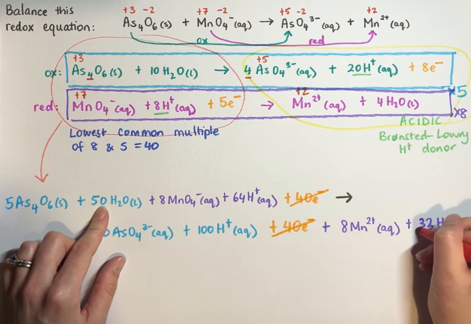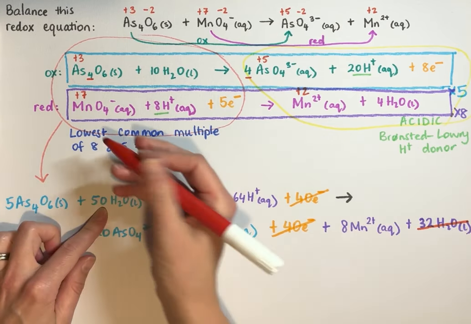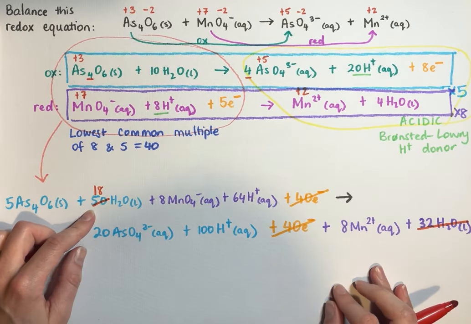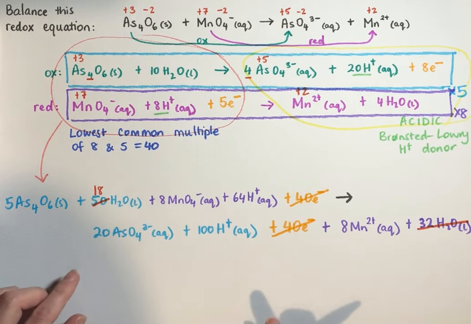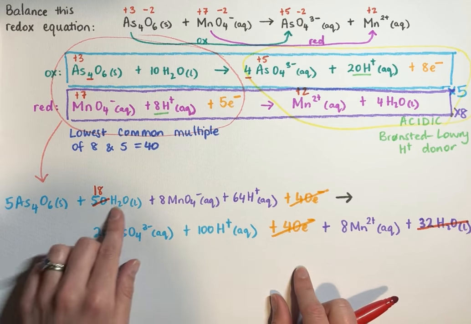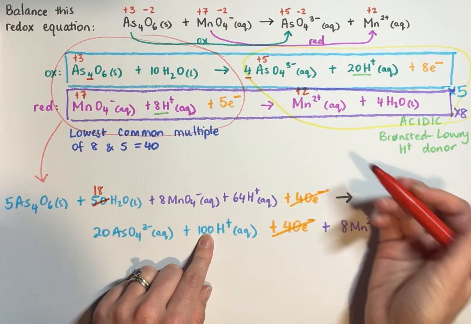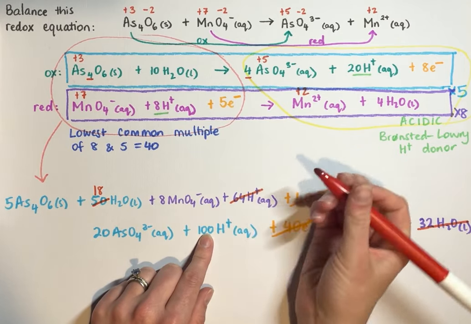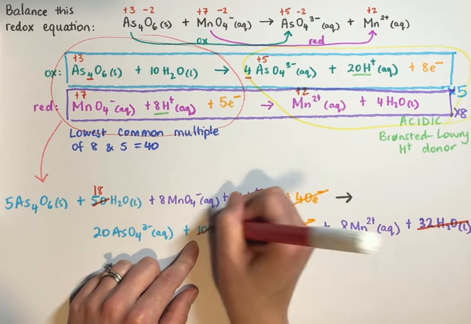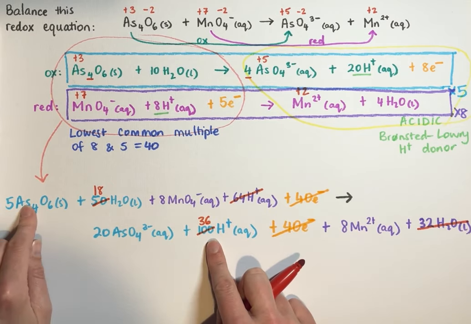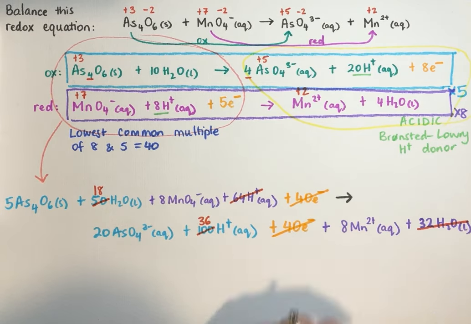So I can get rid of this whole thing here, and instead of 50, I'll now have 18. And then these hydrogen ions, I've got 64 here and 100. So let's get rid of all 64 of them here. And if we take 64 away from 100, we get 36. And everything else stays put.